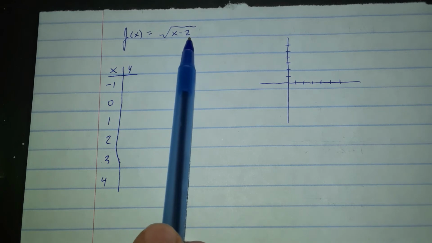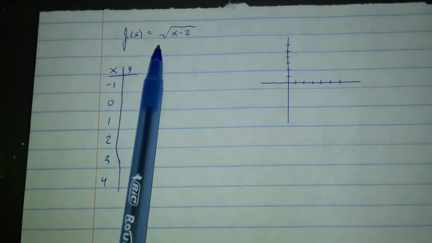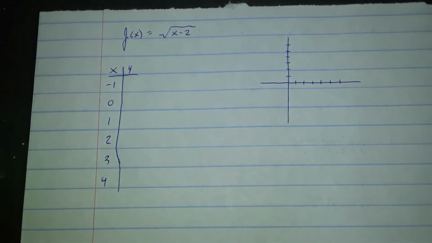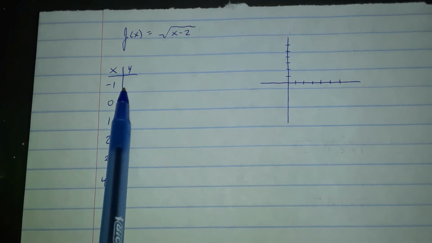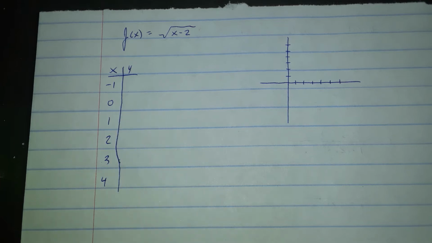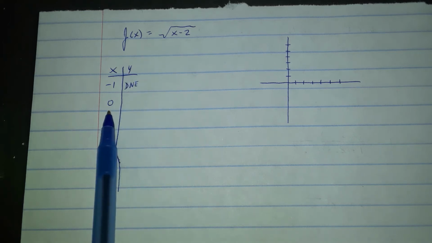If I try to take the square root of -3 on a typical scientific calculator, it's going to give me something like a domain error, because you can't get a real number back when you take the square root of -3. So for our xy table, we need to put in something like DNE here, meaning does not exist. So no real number is going to work here for a y value.